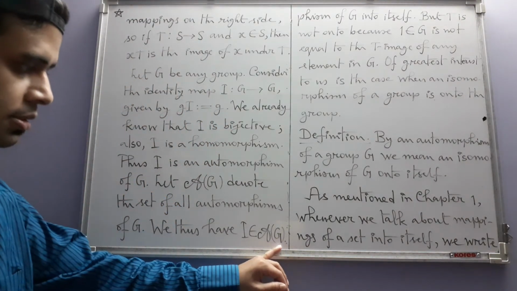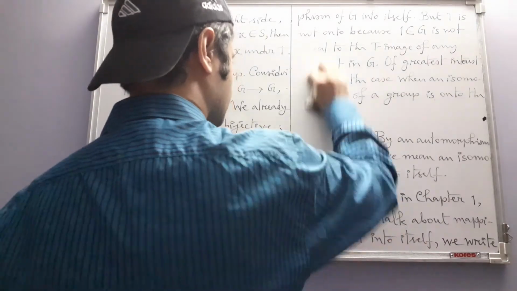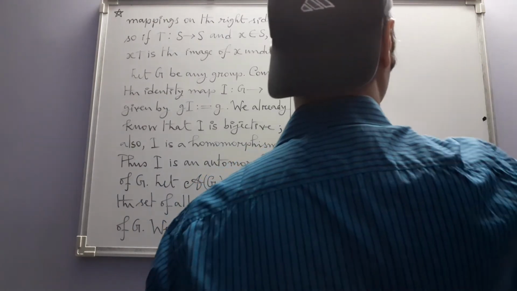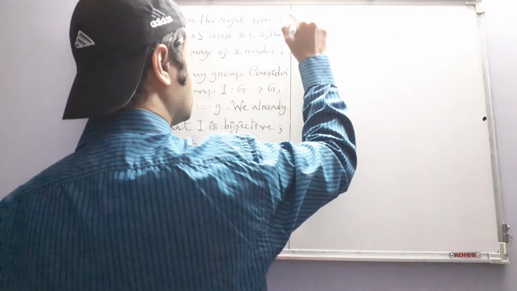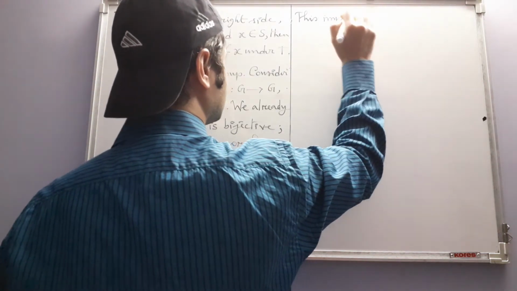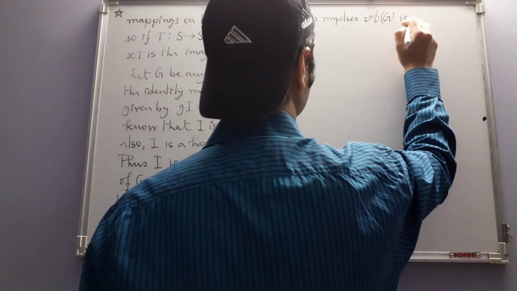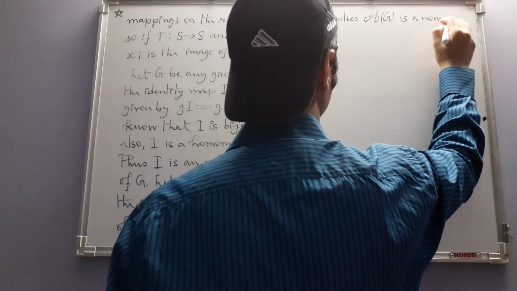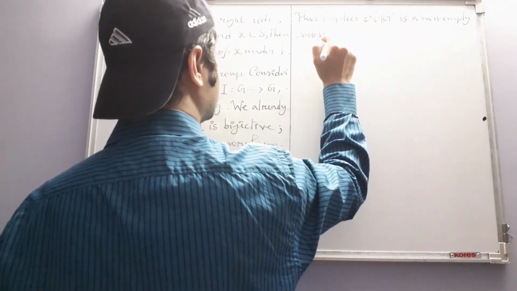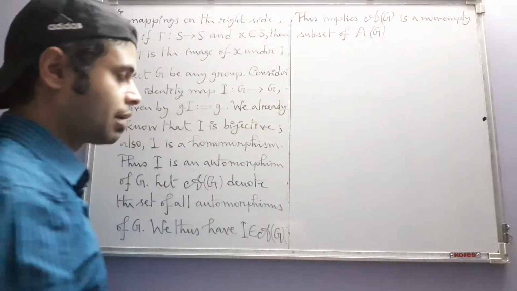So that means this is a non-empty set. This implies this is a non-empty subset of A(G). Okay, what is this last line?